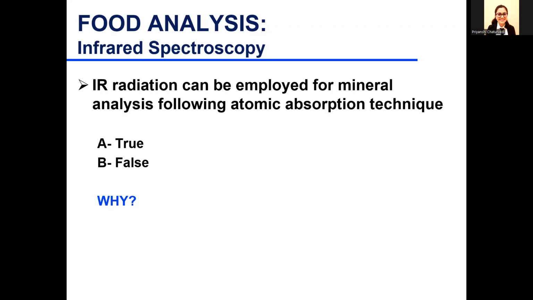Everything that I showed you on that table before, none of those were ionic bonds. It's all covalent, it's all organic. So for just minerals, like sodium chloride or something like that, I wouldn't use spectroscopy at all. I would use something else.